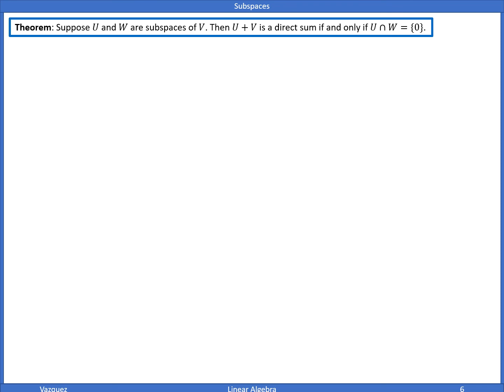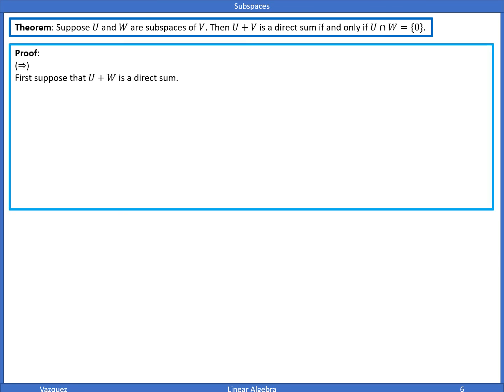So again, by conditional proof, first we're going to suppose that U plus W is a direct sum.